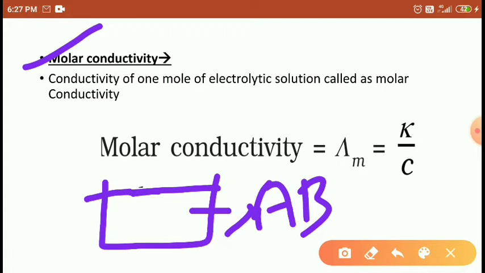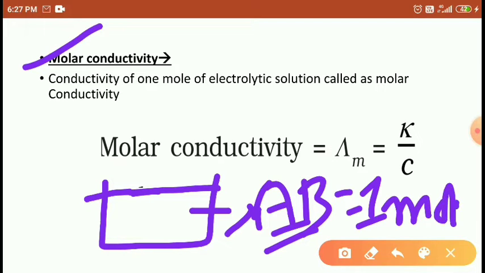The molecular mass of AB is added into 1 liter of water, so that solution is 1 molar. If you calculate the conductivity of this 1 molar solution, that is called molar conductivity.